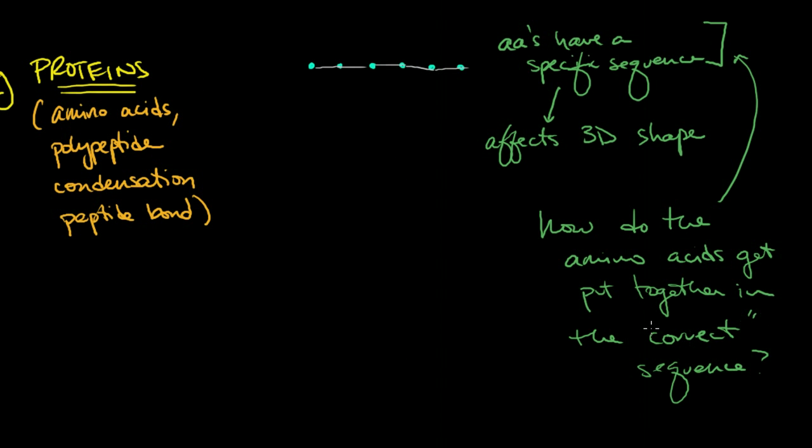I'm going to put quotation marks around correct because I don't want to imply that there's one right way. It's actually the differences in the sequence that give us variation in the population, but we'll come back to that idea in the future. So we're going to really focus in on the sequence of amino acids and how those sequences get put together.